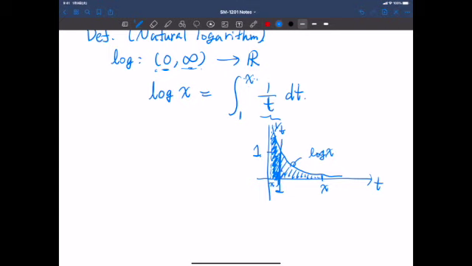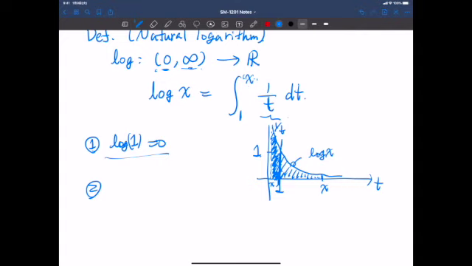Okay, so here are some properties of this function. First, log of 1 is 0, as we have mentioned, because this is an integral. So if the lower bound and the upper bound are the same value, then this integral is 0. So this holds.